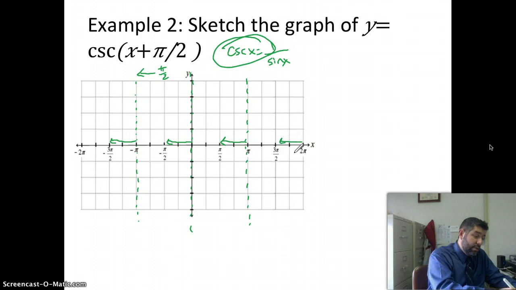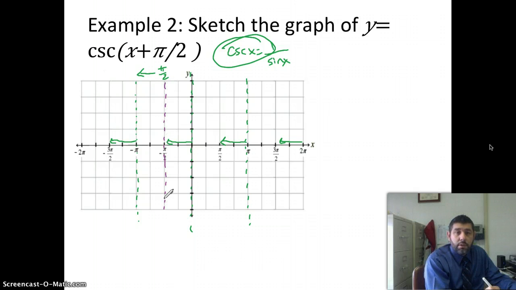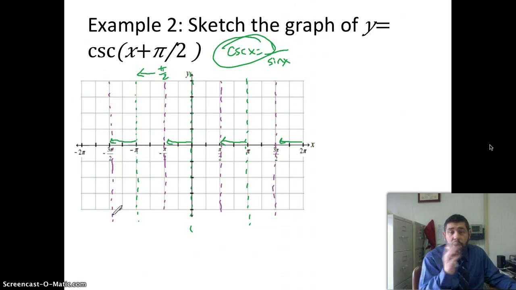So let's draw that. Let's use a different color. Let's use purple. So my new one. Now, here's an important thing to remember, depending on when you're shifting to the left or the right.